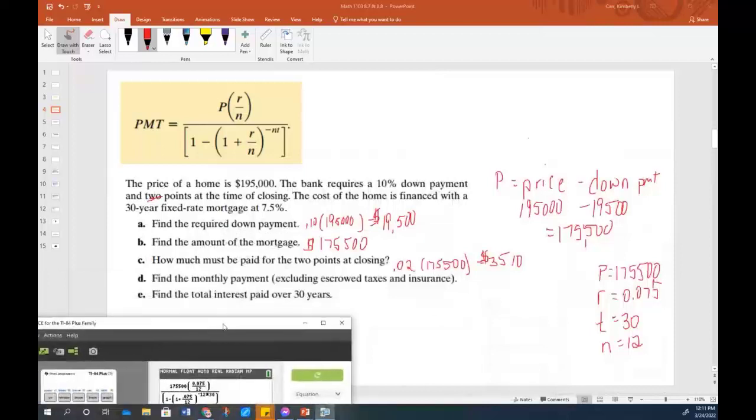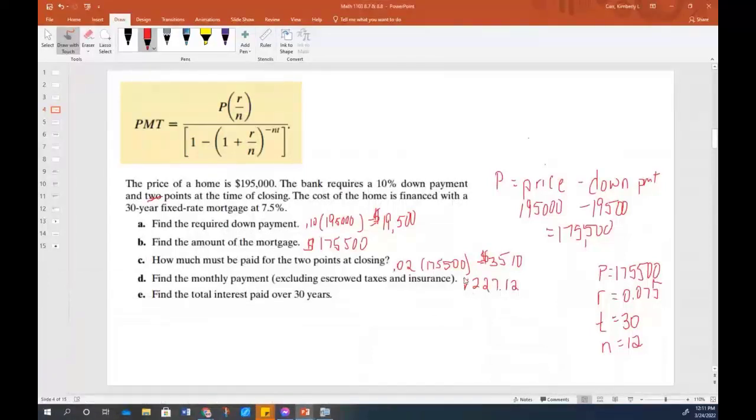$1,227.12. Now the last part, find the total interest paid over the 30 years. What's going to happen there is you have to do your total payments minus the loan amount.